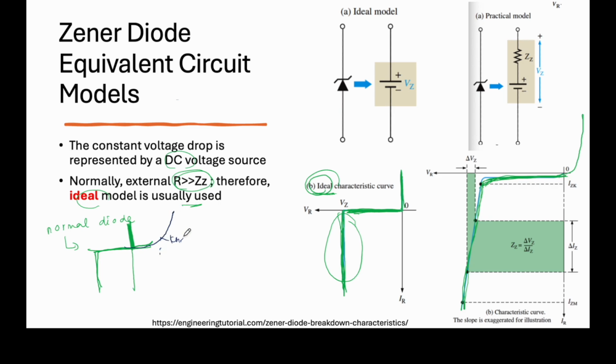For the ideal, there is no knee, meaning that there is no transition, because there is no dynamic resistance or internal resistance inside that particular diode.